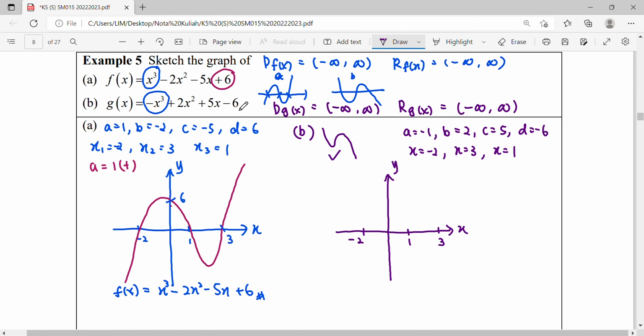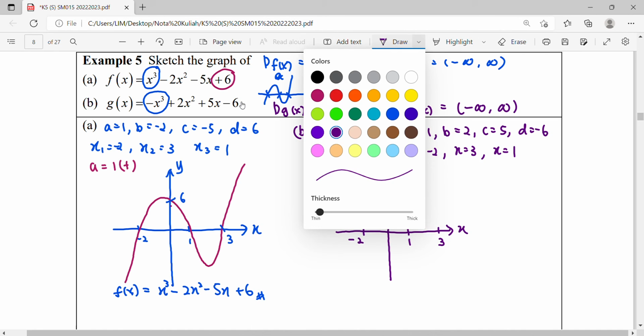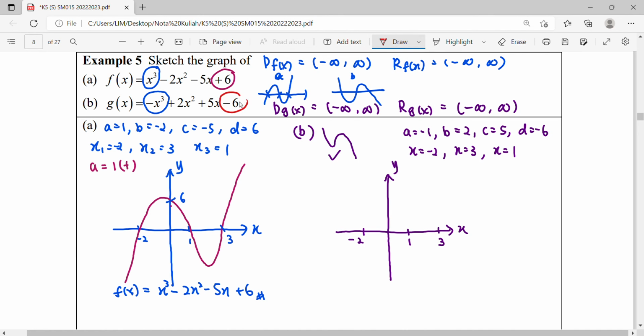Okay, so where it intersects the y-axis is -6. So it will intersect here at the bottom. So don't intersect here. So you try going down, okay? So you're going down, pass through the first root. Alright, going down.